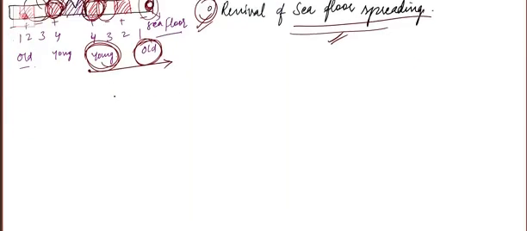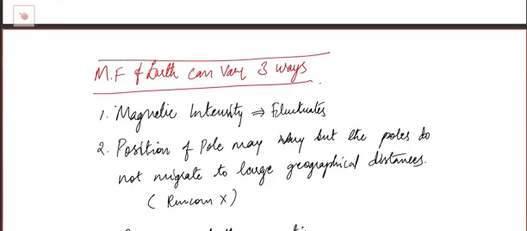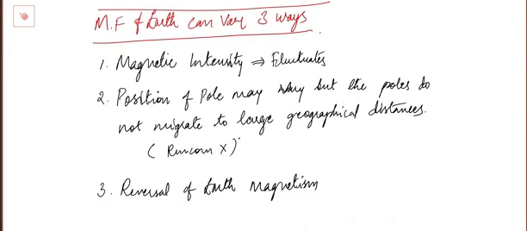And now let's see in which ways the earth's magnetic field can vary. The magnetic field of earth can vary in three ways. The first is magnetic intensity. The magnetic intensity will not be the same; it will fluctuate, and is not constant.